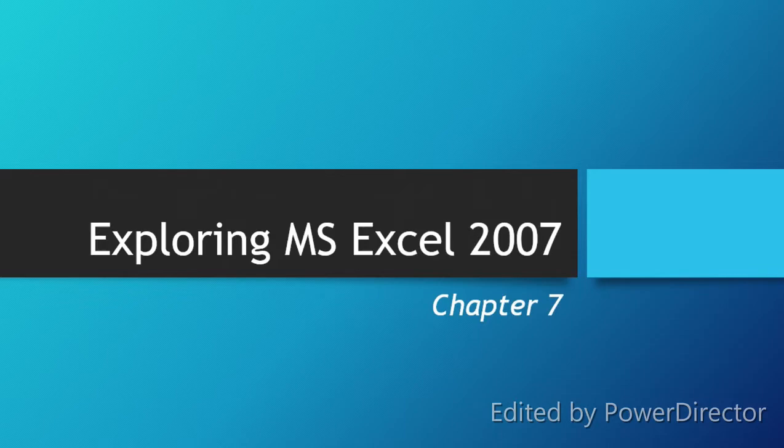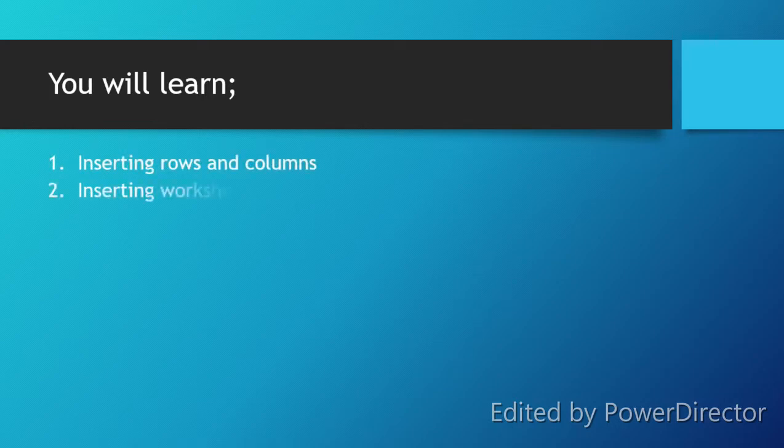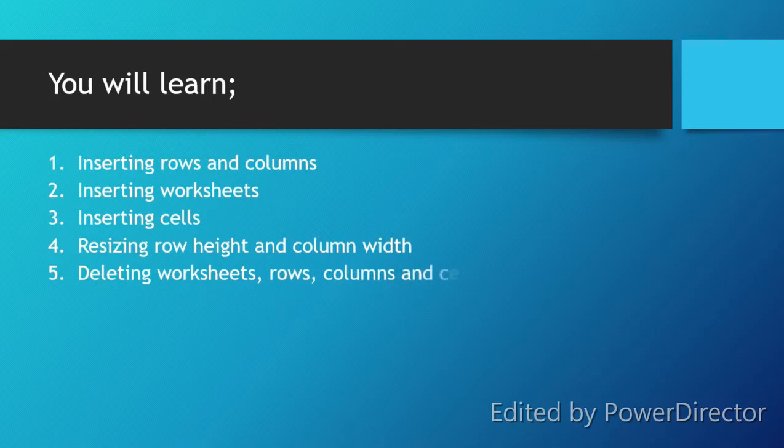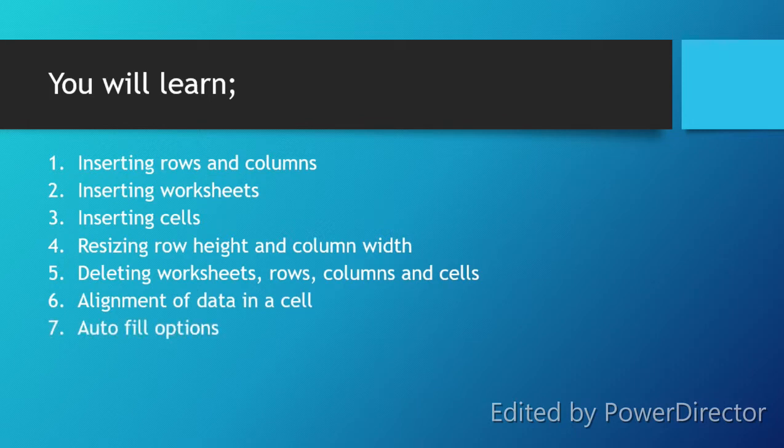Chapter 7, Exploring MS Excel 2007. Here in this chapter you will learn about 8 topics: inserting rows and columns, inserting worksheets, inserting cells, resizing row height and column width, deleting worksheets, rows, columns and cells, alignments of data in a cell, autofill options and editing data.